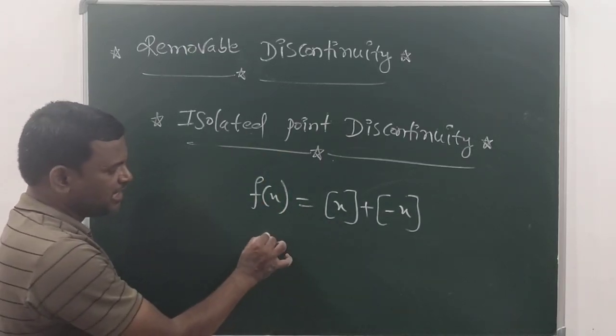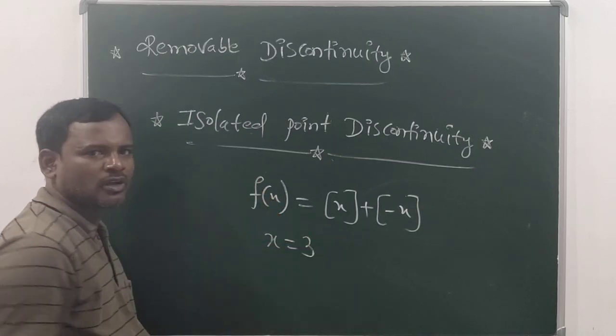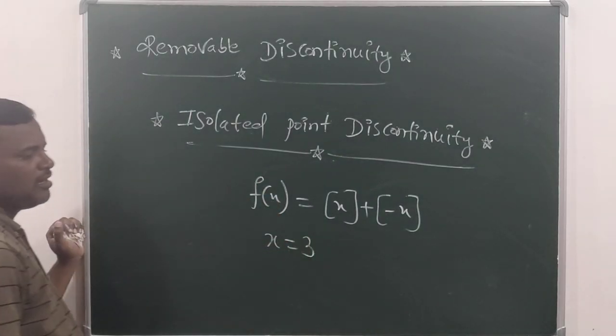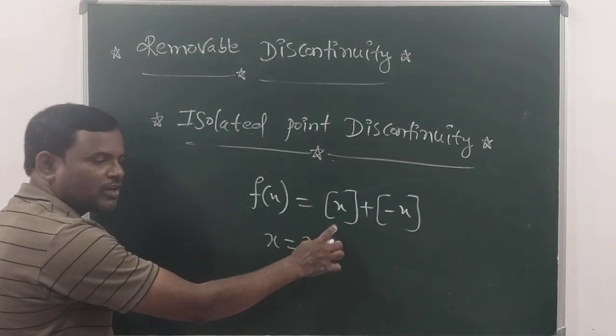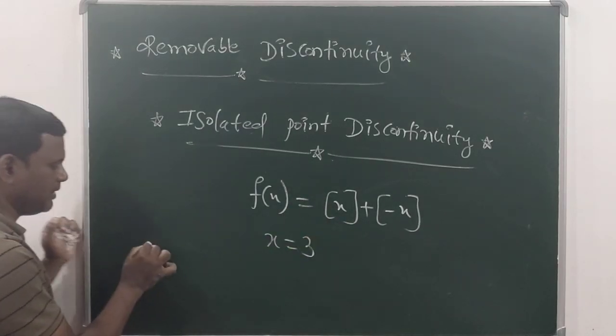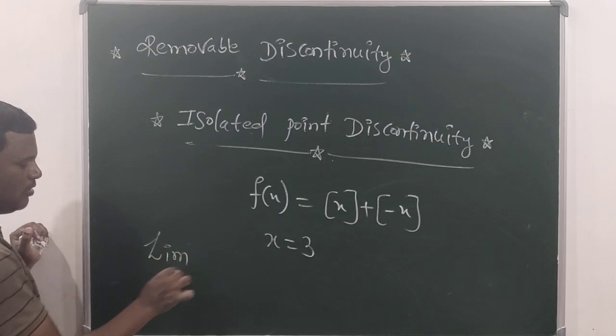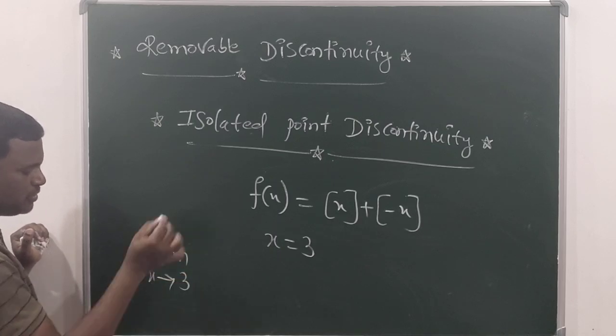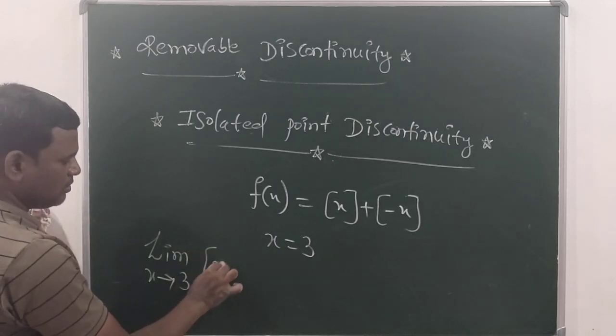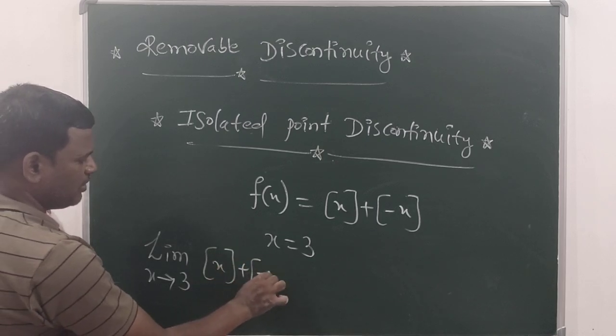Shall I check at x equal to 3? Now I would like to check the continuity of this function at x equal to 3. Now limit x approaches 3 of step x plus step of minus x.